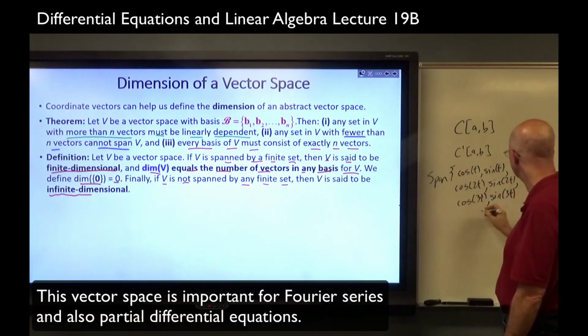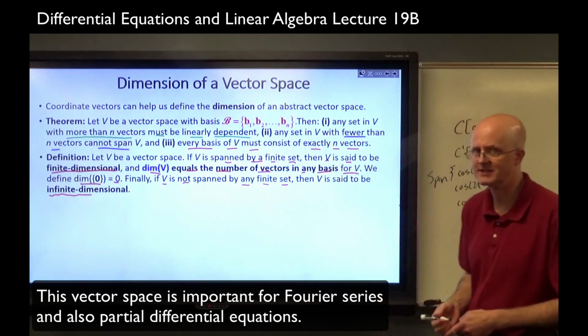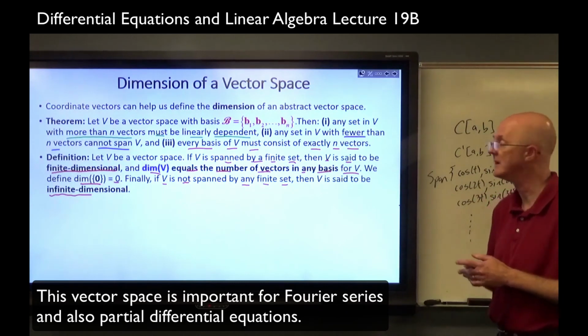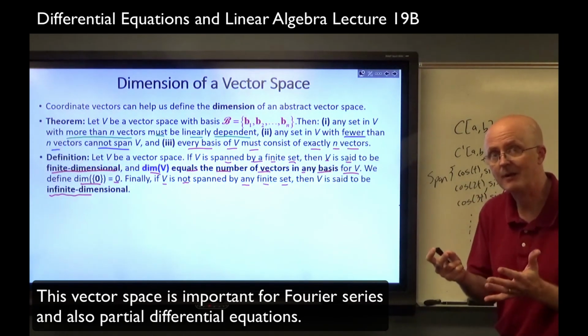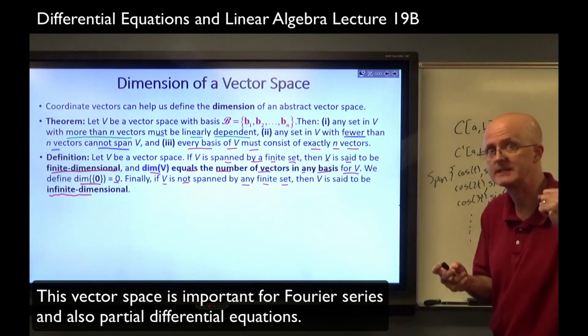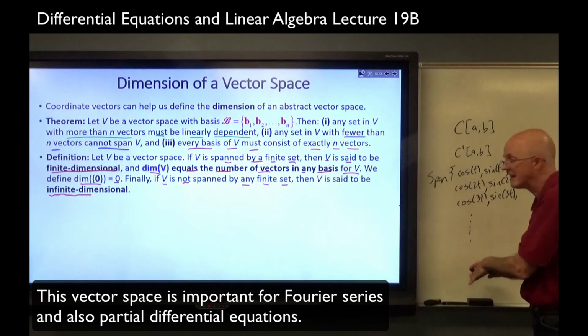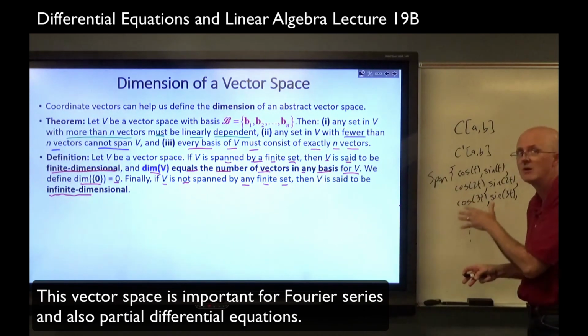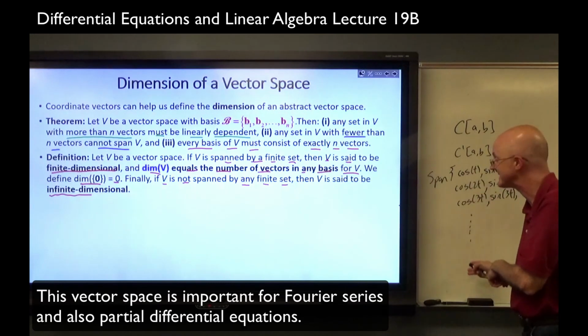This is an infinite collection of functions. The span of such a set, as I have mentioned before, is the set of all linear combinations that are finite linear combinations, because we don't want to worry about convergence. So even though this is an infinite set, the span is the set of all functions that are finite linear combinations of the functions in the set.